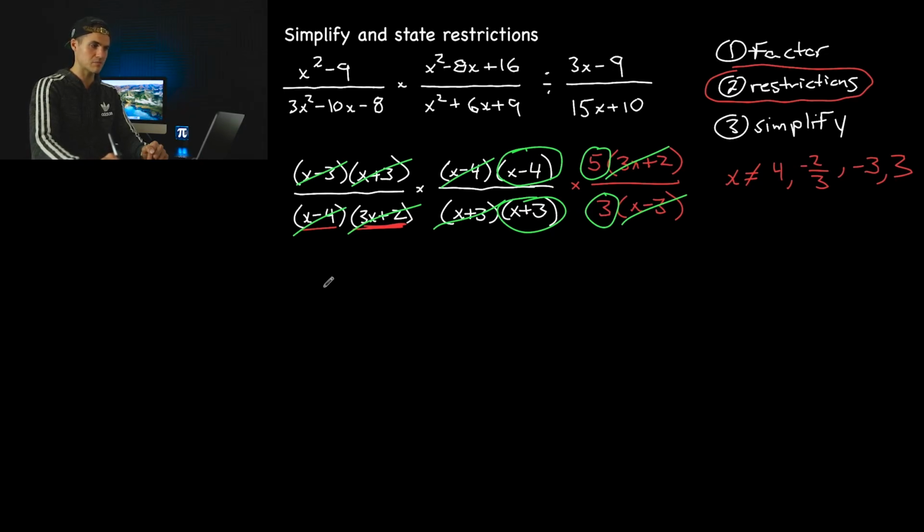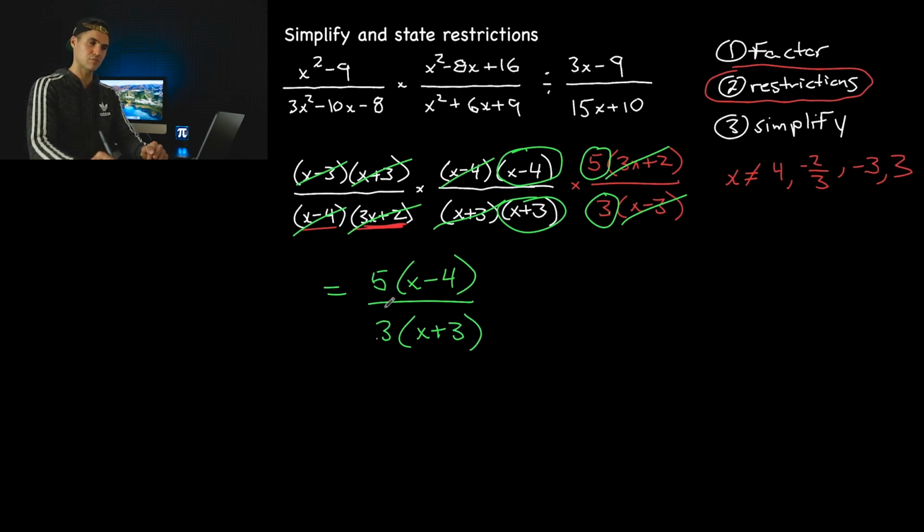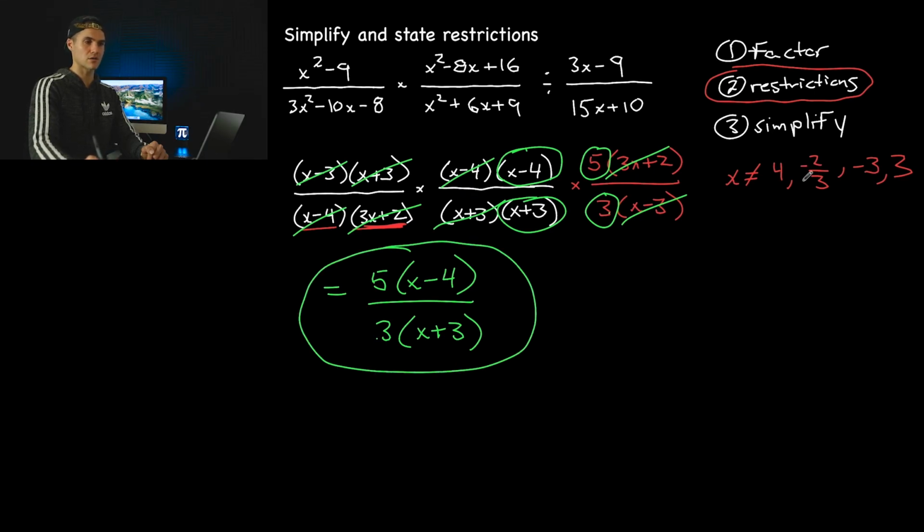So 5 times x minus 4, let's keep it factored, over 3 times x plus 3. And then nothing here simplifies. The 5 over 3 can't simplify. If it could, we would simplify that, but it doesn't. So that is your final answer, and then those are your restrictions.